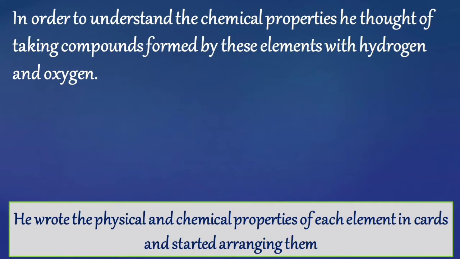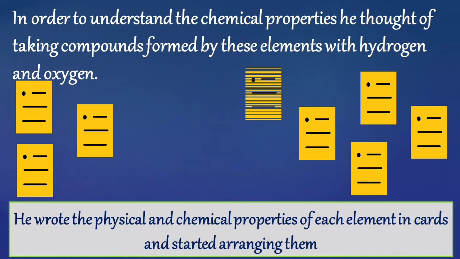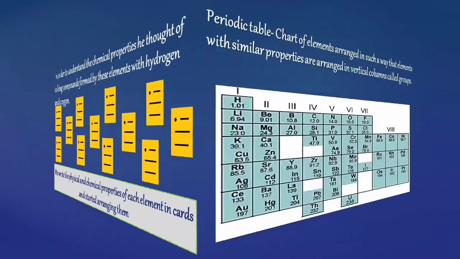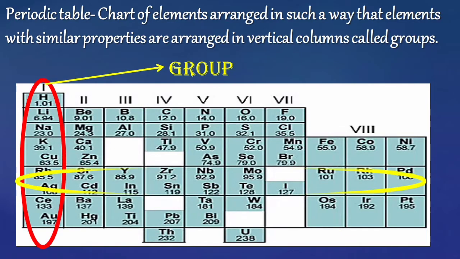That is, he made 63 cards and arranged these cards on the basis of their similarities in properties. While arranging the elements, he arranged the elements with similar properties in vertical columns called groups. The horizontal row, which was formed during this arrangement, is known as a period.